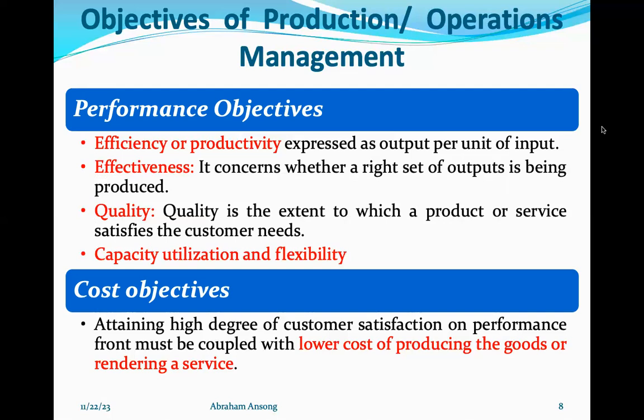We want to lower the cost and reduce wastage as much as possible in order to be able to achieve our targets in a cost-effective way. Okay, so overall, the objectives of the production operations management is to ensure that there is proper performance, and the performance is achieved at reasonable or lower cost as much as possible.